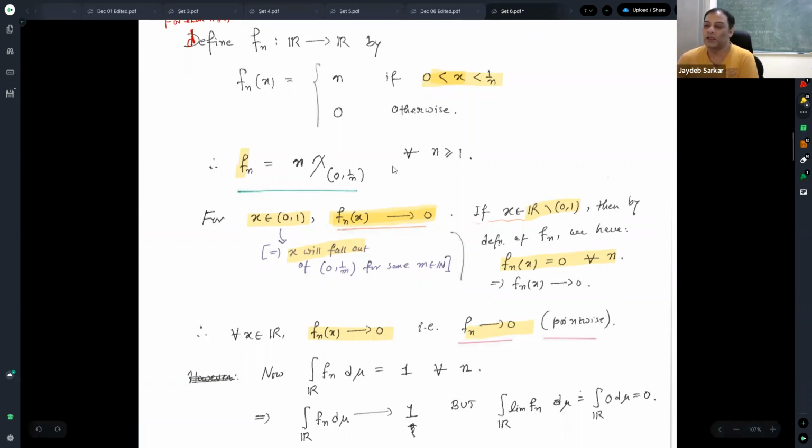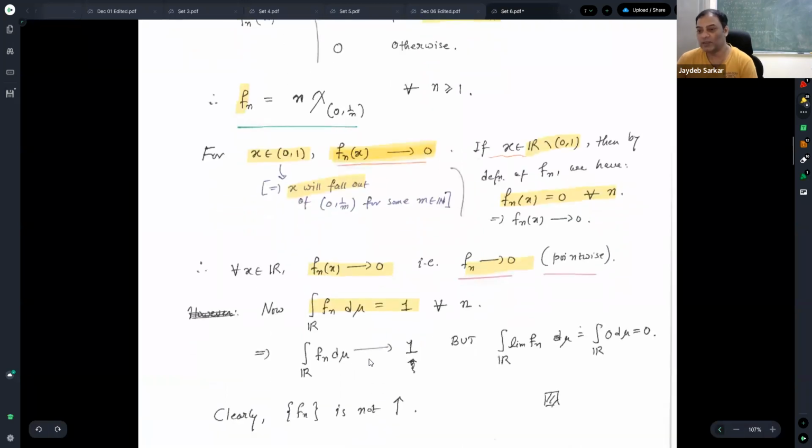The value of the integration is just like the Riemann integration. There is no ambiguity for this simple class of functions. What is the integration of Fn? It matters only from 0 to 1 over n, and it's just n times 1 over n. So the value of the integration of Fn is 1 for all n.